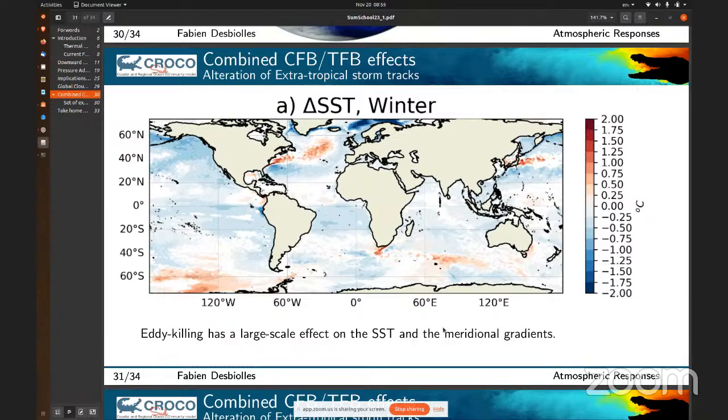As a result, we have a large-scale SST gradient change. For example, if we focus here in the North Atlantic, we tend to warm the Atlantic. So that means that the large-scale gradient of temperature is diminishing. As a consequence, the large-scale temperature in the atmosphere at 850 hectopascal also decreases.